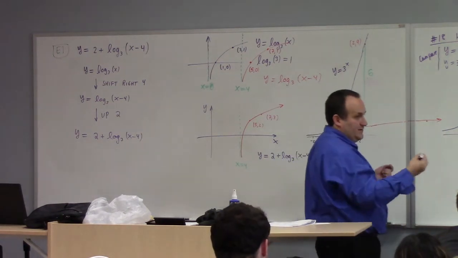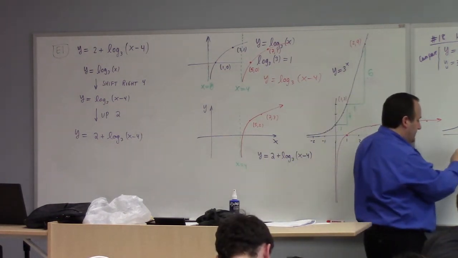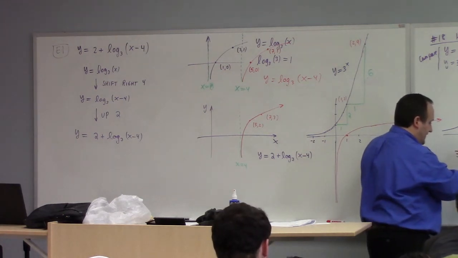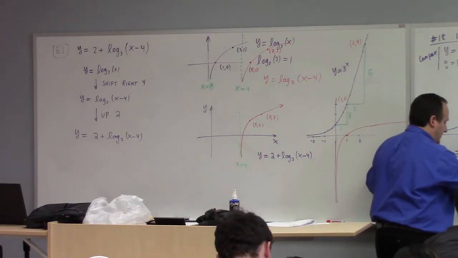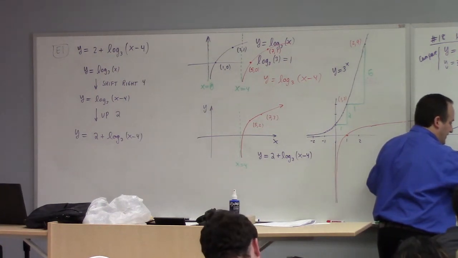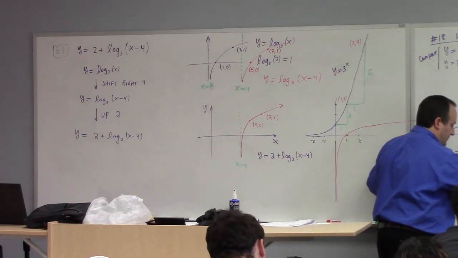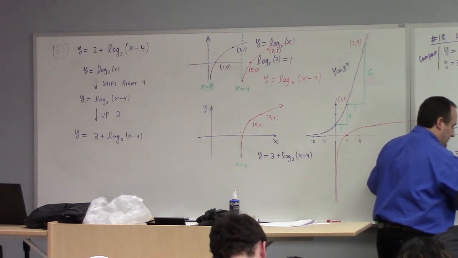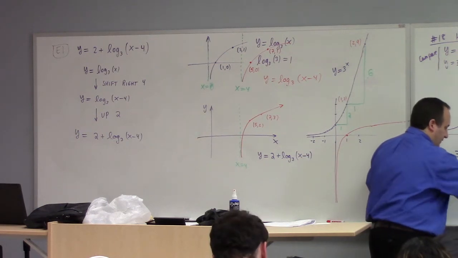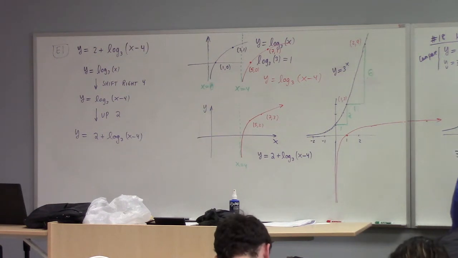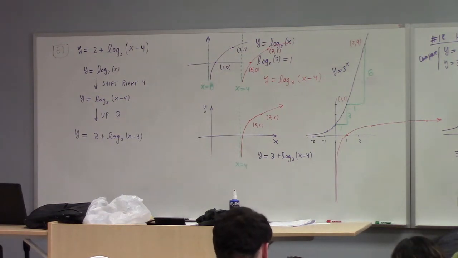So if you look at it, you can calculate this in general, right? If we do 3 to the n plus 1 minus 3 to the n, that's 3 to the n times 3 minus 3 to the n, which is equal to 3 to the n times 3 minus 1, which is 2 times 3 to the n, versus 2 to the n plus 1 minus 2 to the n gives me 2 to the n times 2 minus 2 to the n, which is 2 to the n times 2 minus 1, which is 2 to the n.